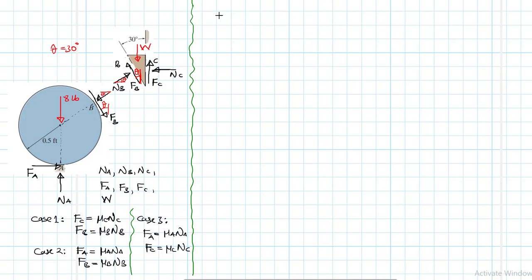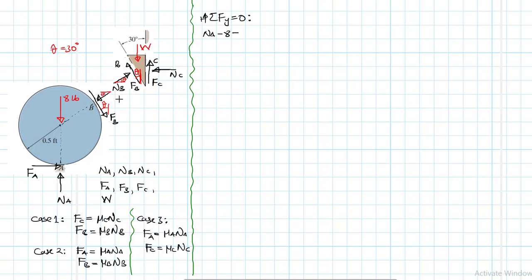So we have summation of forces in the Y. What do we have in the Y? We have NA minus 8, and for the reaction forces at B, they are going to have components because they are at an angle, so we need to get components of each one of them.